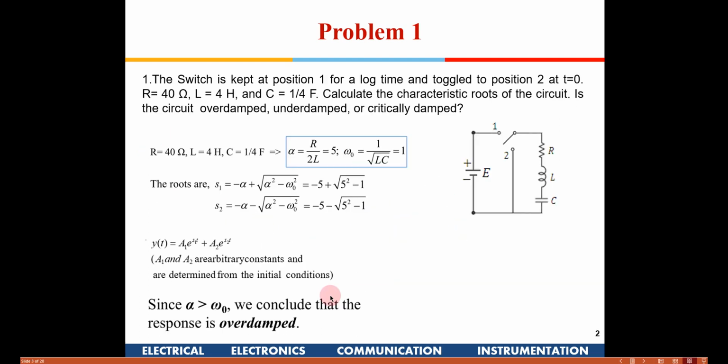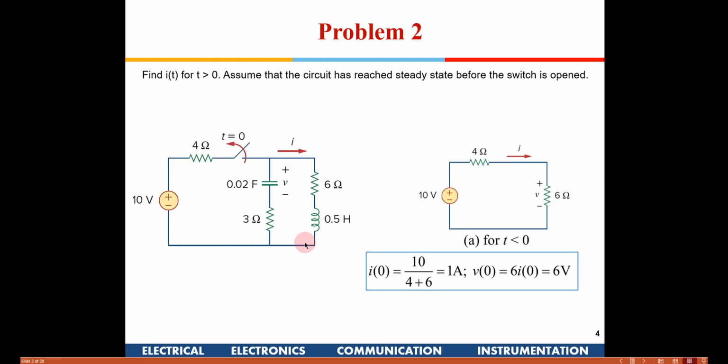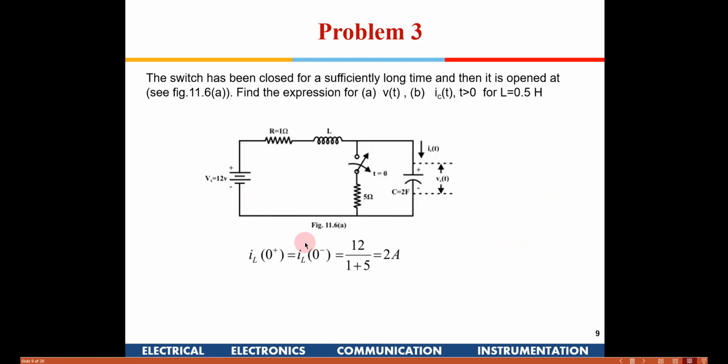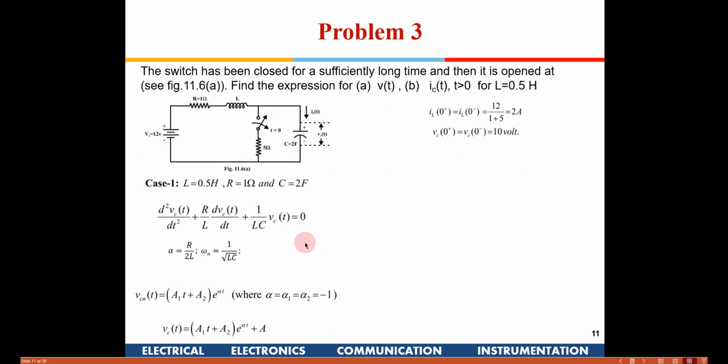Here s1 and s2, alpha and omega are the same, so this becomes 0, so s1 is equal to s2 is equal to minus alpha. Here alpha is written because this is taken from a different textbook. So s is equal to s1 is equal to s2 is equal to minus alpha, whereas alpha is 1, so you get minus 1 here.